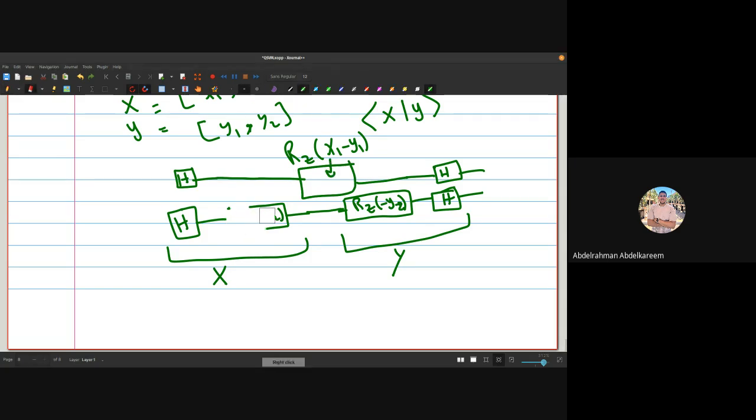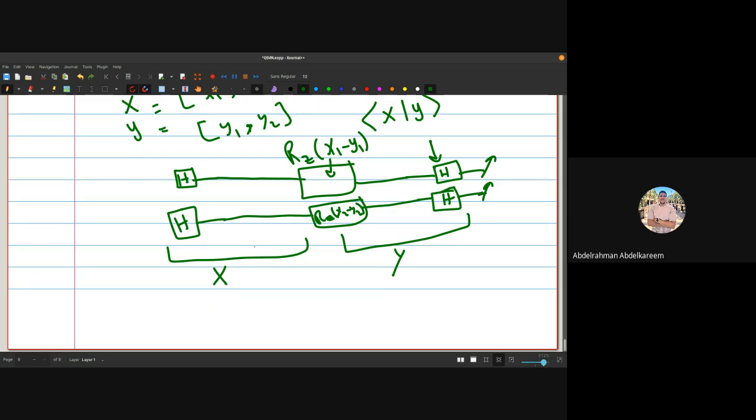And the same here, it will be RZ of x2 minus y2. So for the compute-uncompute, this is what is actually happening in the background: only two Hadamards, then rotations in the z-axis with the difference between the elements, and then two Hadamards, and then of course the measurement at the end.